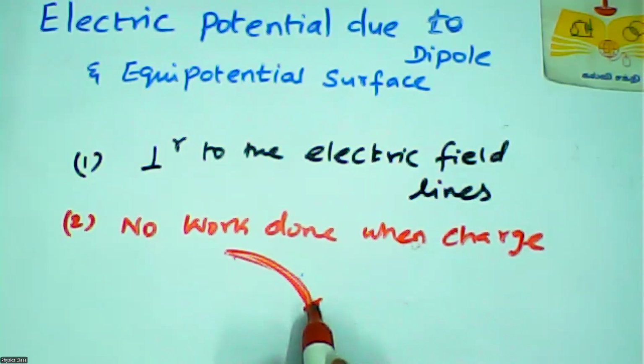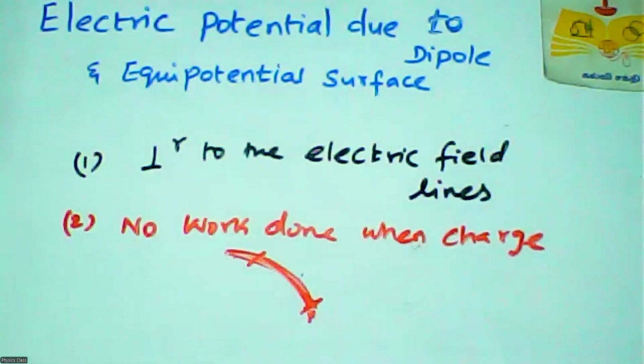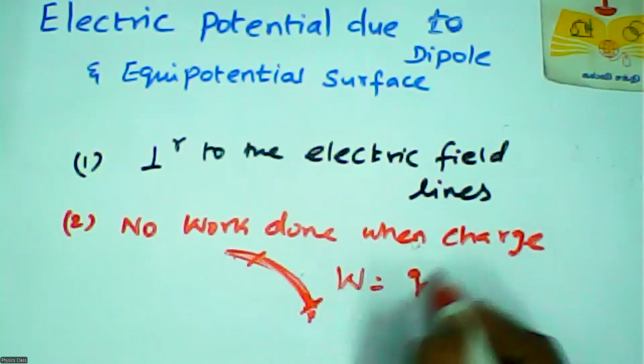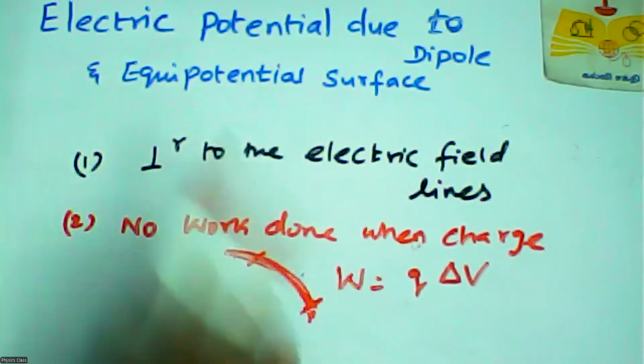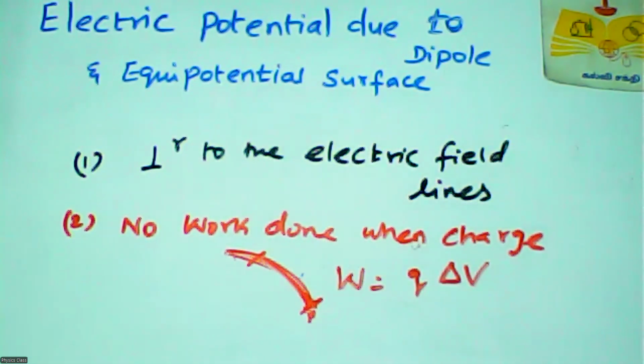Suppose we move the charge from here to here, no work is done, because work done is equal to q times delta V. And delta V means potential difference. This point has a potential, that point has a potential, but here it is the same potential. So 5 minus 5 is 0. So there is no work done on an equipotential surface. Work done is also 0.